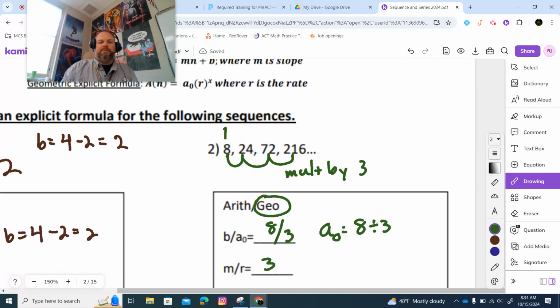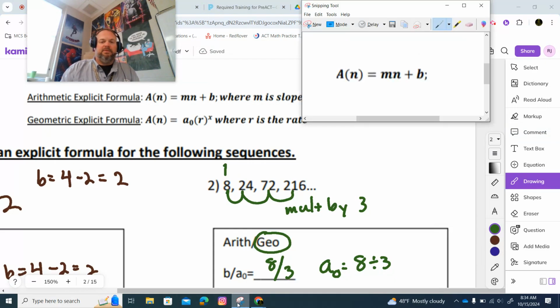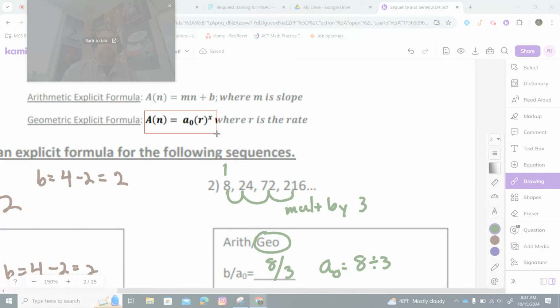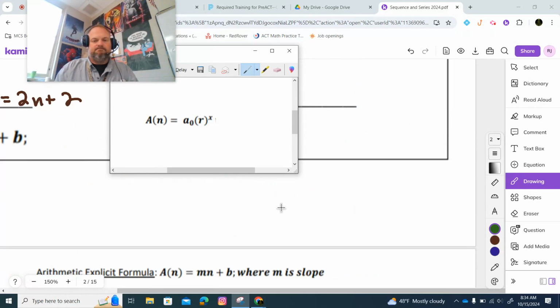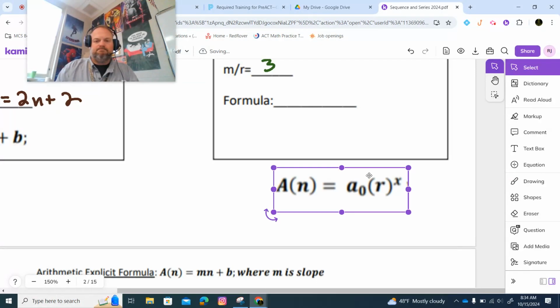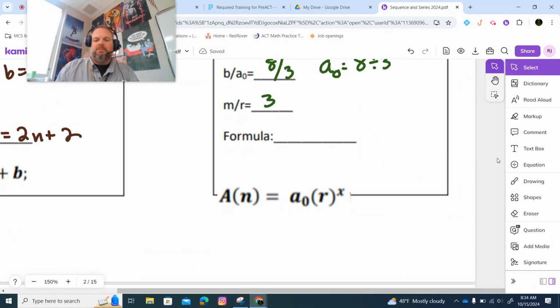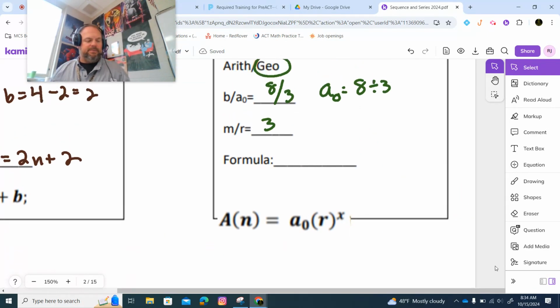So, for this formula, grab it again. That should actually be an N, not an X right there, but oh well.